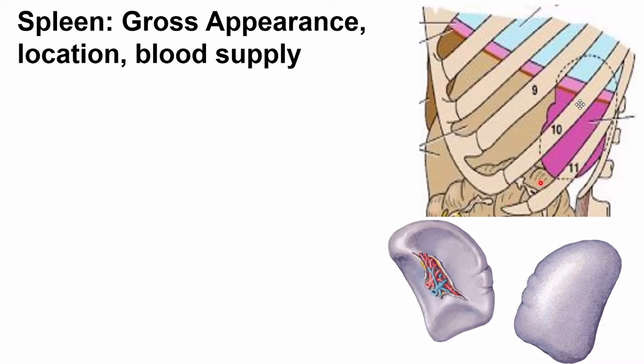The largest organ in the abdomen is the liver, not the spleen. The spleen is located at the right lower quadrant. Wrong again. It's located at the left upper quadrant, the left hypochondrium. It's just a wrap-up. I'll give you a summary.